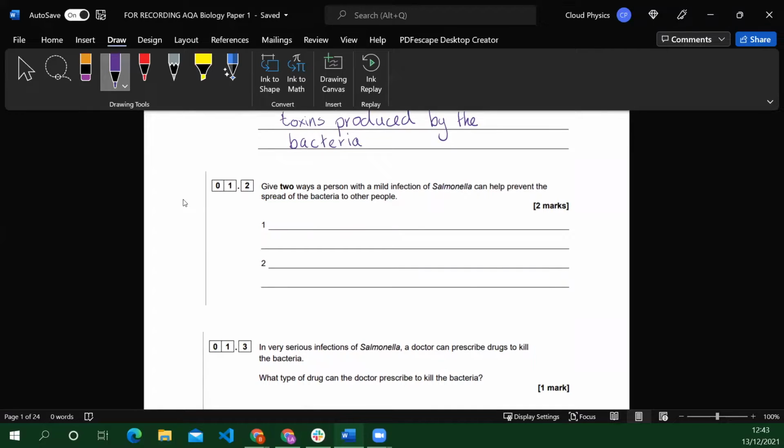You're probably all good at this from recent events. So isolate yourself, so don't go near other people. And you can say do not share cutlery. Towels, that's another one, isn't it, as well?